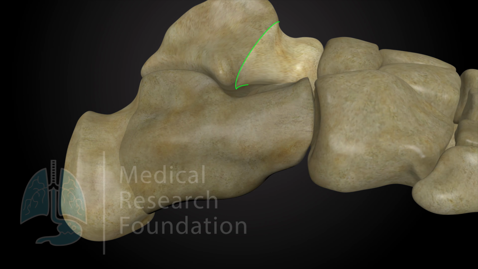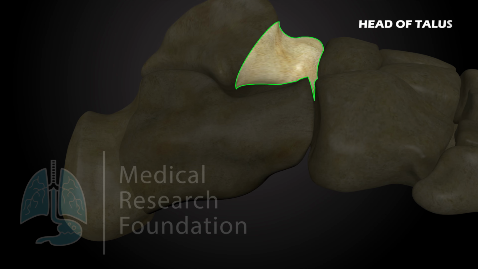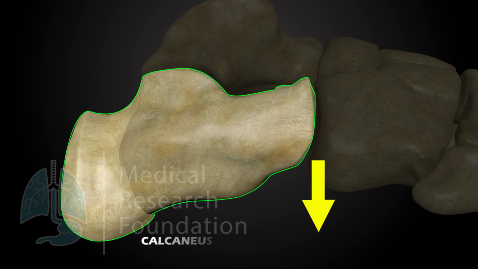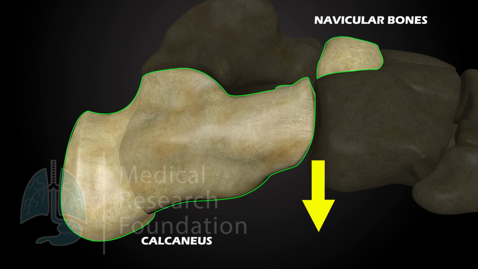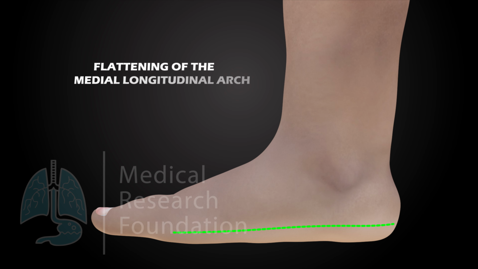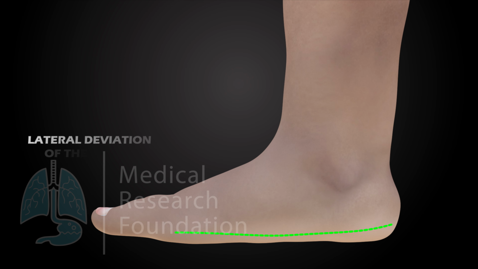As a result, the support of the head of talus is lost and is pushed downward between the calcaneus and the navicular bones. This leads to flattening of the medial longitudinal arch with lateral deviation of the foot.